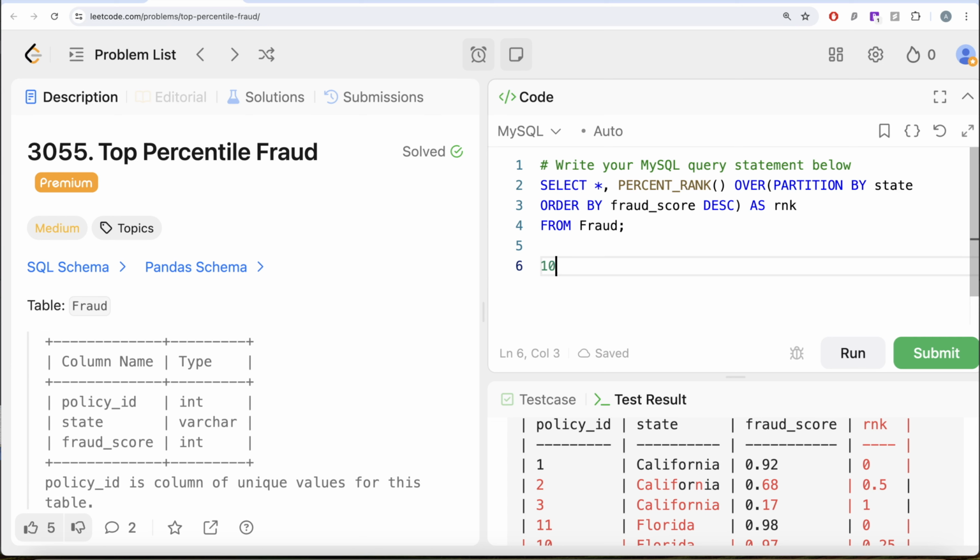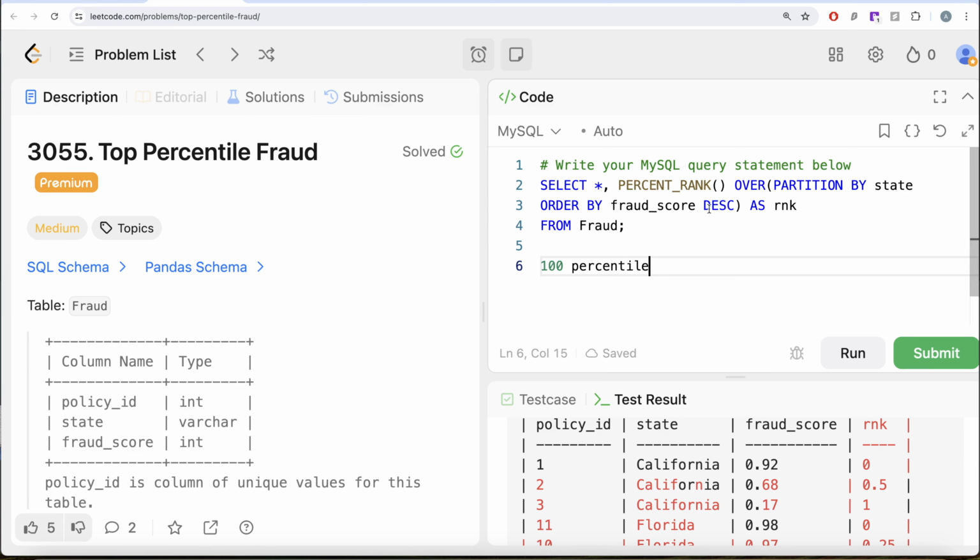When we say the score is 100 percentile, that means you have scored more than everyone in the examination. Similarly here, when rank is equal to 0, because this is the highest, that means there is no one above you. That is, rank equal to 0 means you have 100 percentile marks.